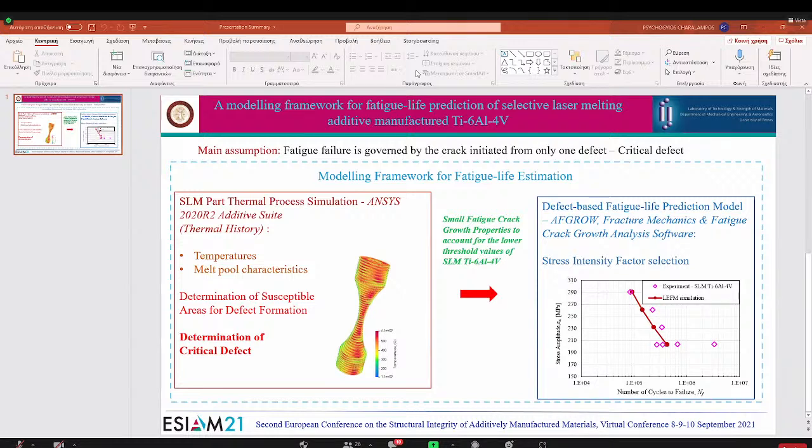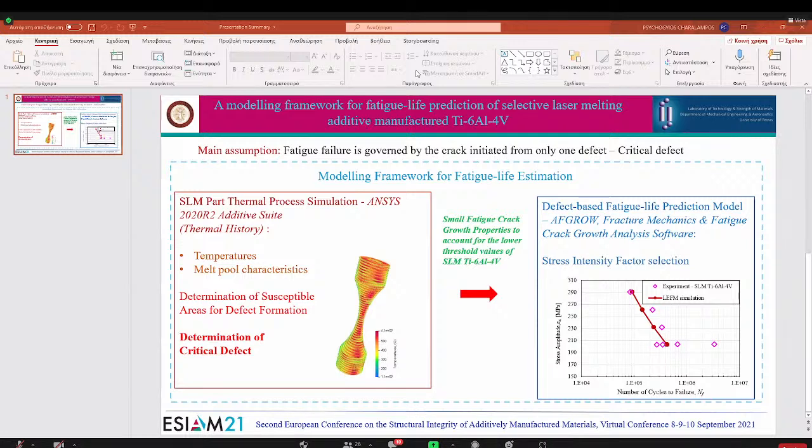In the second section, depending on the location of the defect on the cross section, an appropriate stress intensity factor was chosen in the AFGROW software tool, and a fracture-based prediction was performed to estimate the fatigue life of the part.